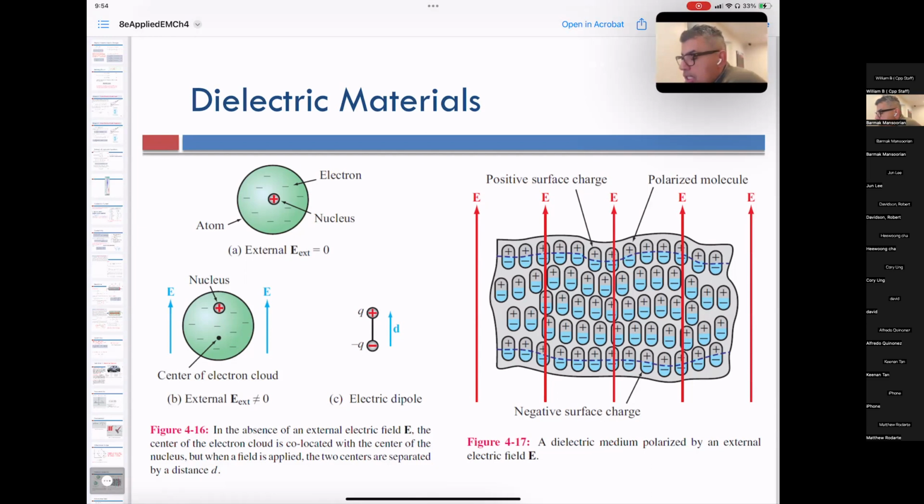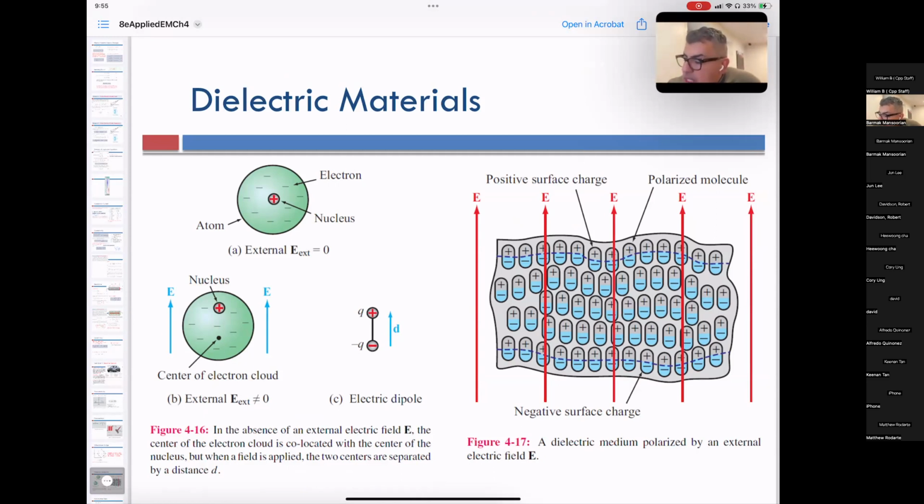is that when there is no electric field in a dielectric material, the electrons for each atom in the material are distributed evenly around the nucleus, and you end up not having an electric field in any direction.